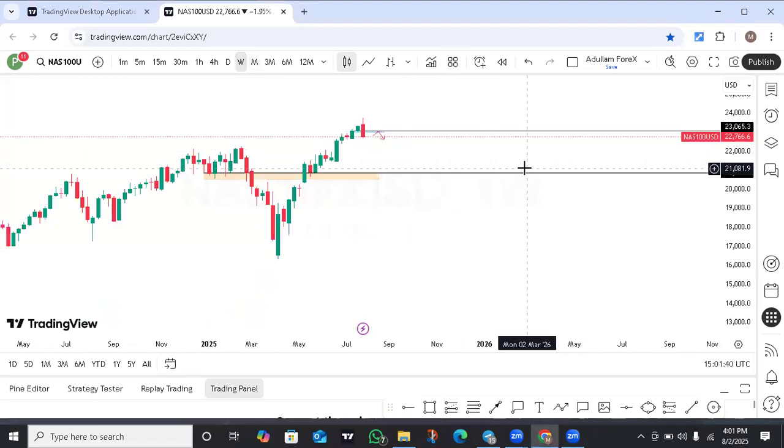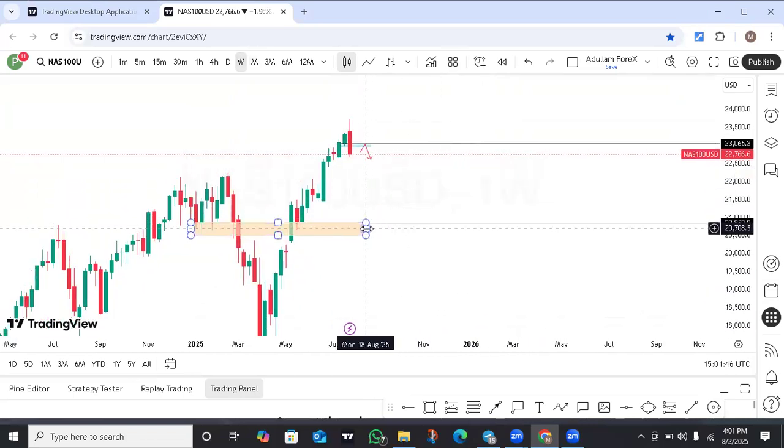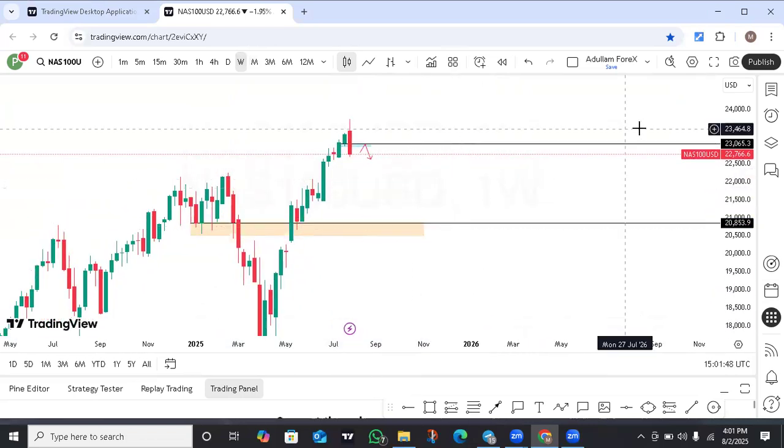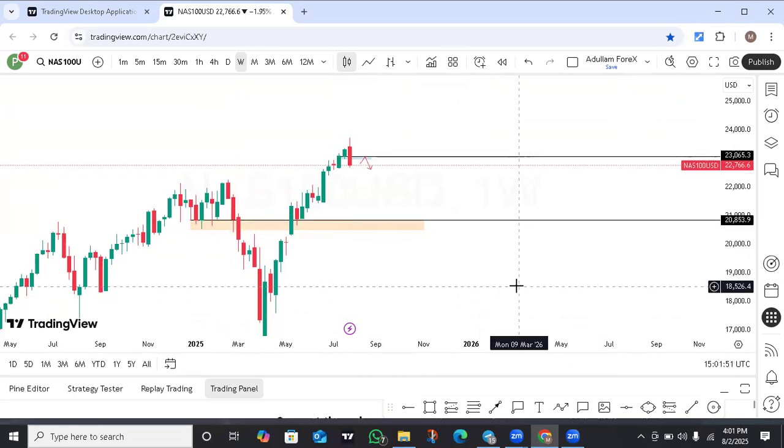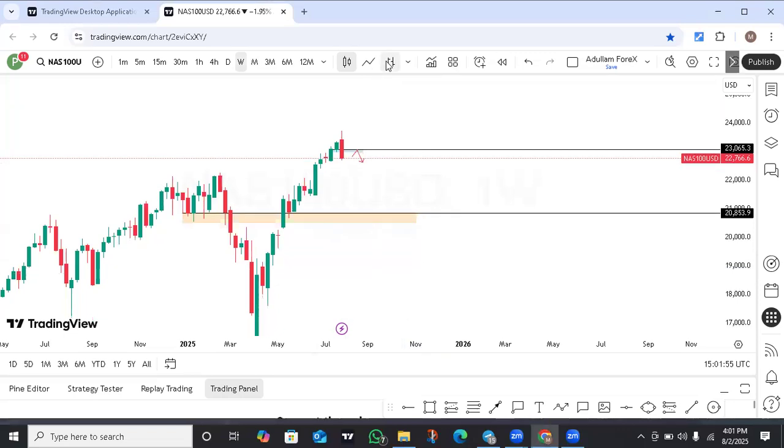So on the weekly time frame as well, you see we have this potential Quasimodo like this. This is a high, this is a low, lower low, higher high.